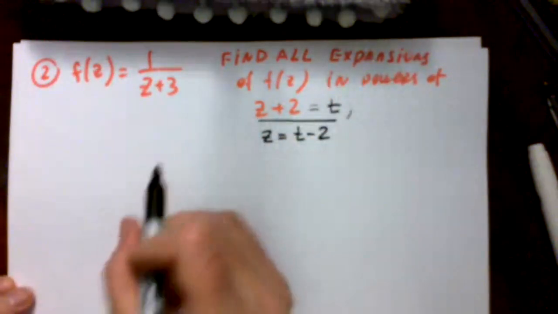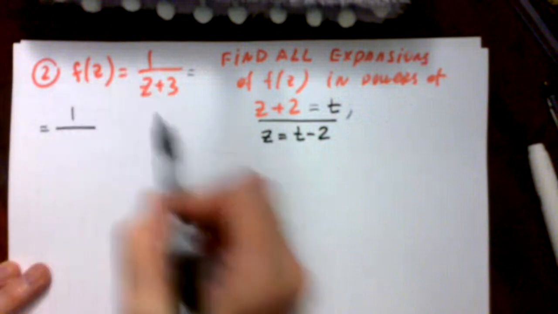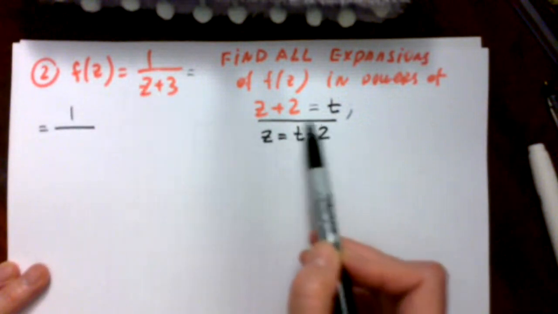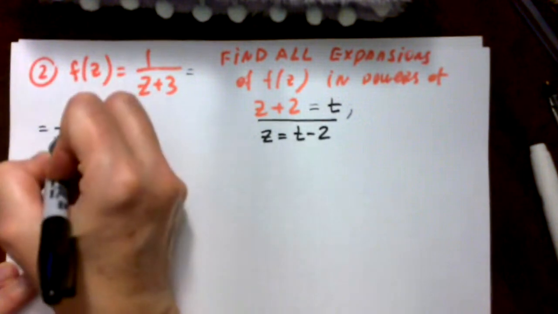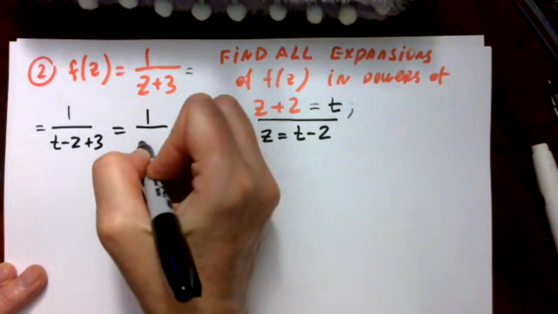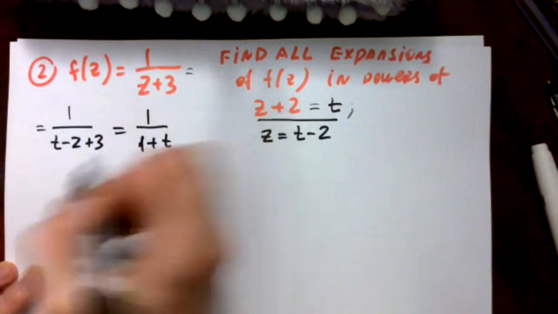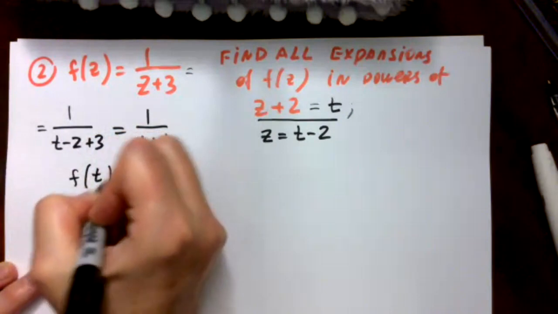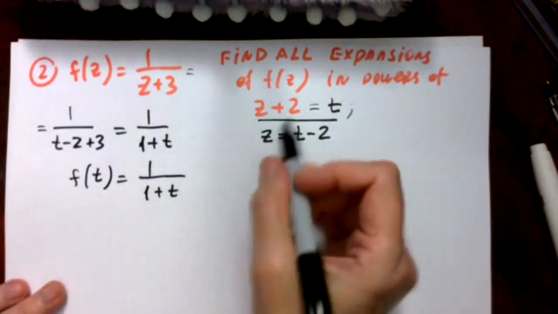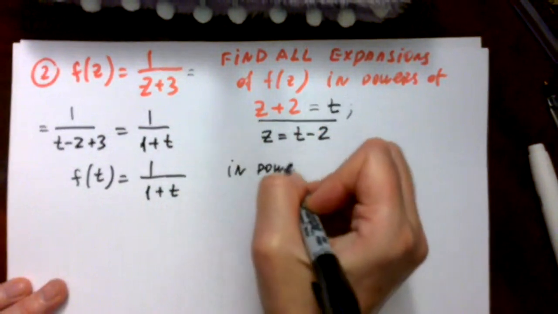And then after that, I should be able to rewrite my function in terms of t. All I need to do is substitute t minus 2 instead of z here. T minus 2 plus 3 will be equal to t plus 1, or 1 plus t. So let me write it. F of t is equal to 1 divided by 1 plus t. And we need to expand it in powers of what? In powers of t.